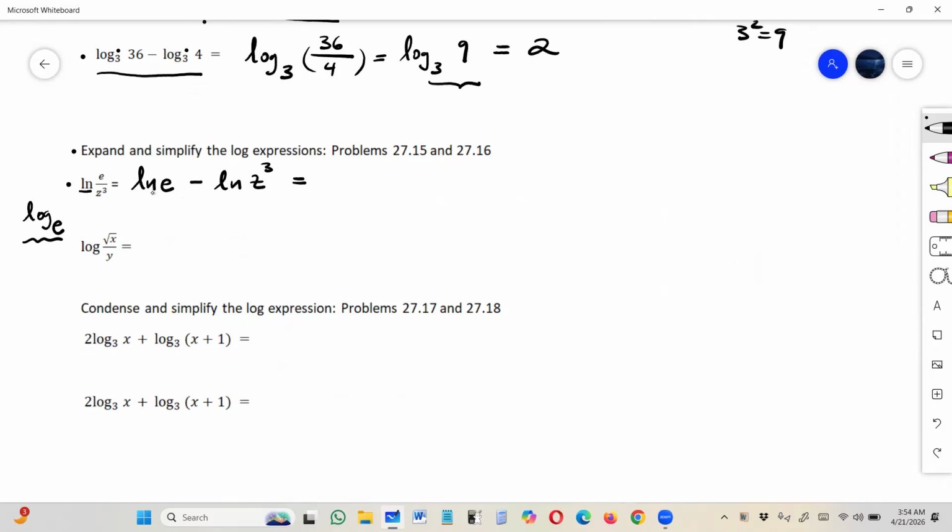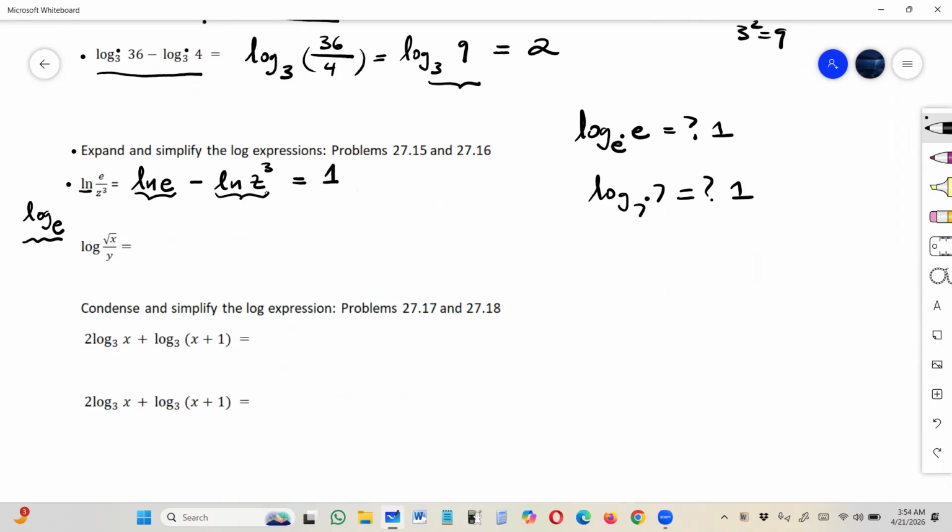Now, I'm going to write this over here. This is actually log base e of e. What is that? This is similar to, for example, log base 7 of 7. Well, that is 1, because the exponent that goes here to get 7 is 1. Same thing: e to the 1 is e, so this answer is 1. So ln e is just 1.